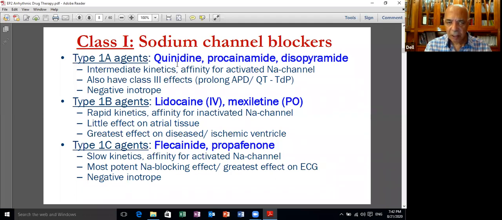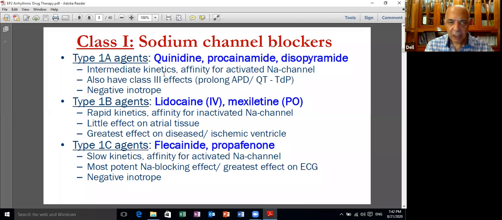So it's a very strong drug, and this constitutes group 1C: flecainide and propafenone, and previously moricizine, which is not available now. If you have rapid attachment and detachment, this is rapid kinetics, and this is a feature of group 1B, including lidocaine and mexiletine. Intermediate is quinidine, procainamide, and disopyramide.